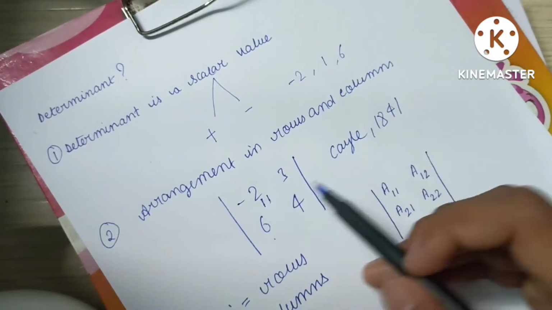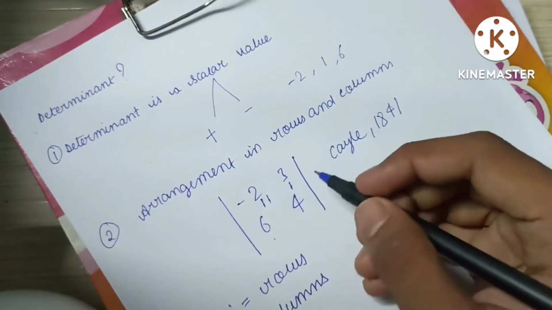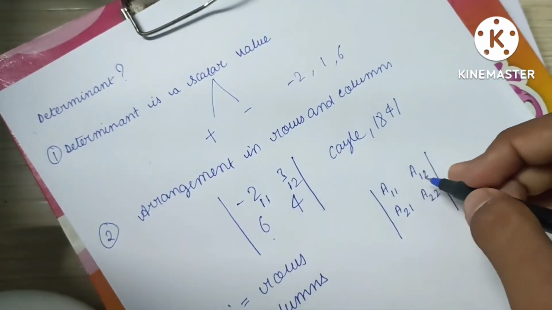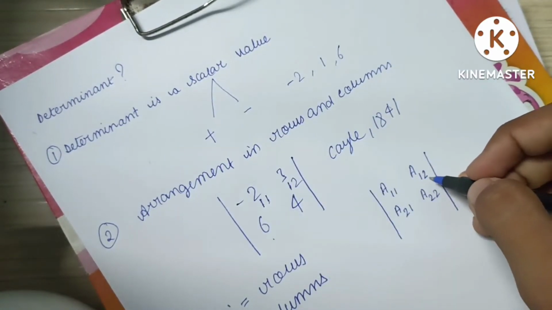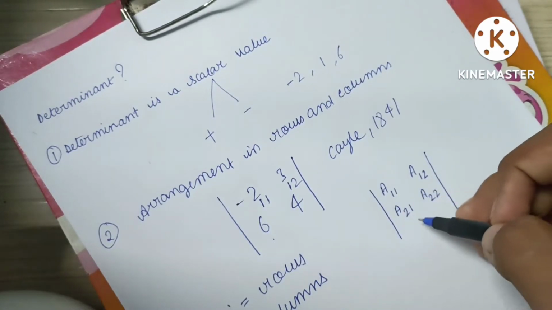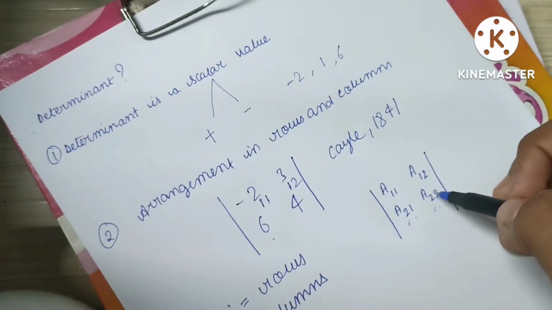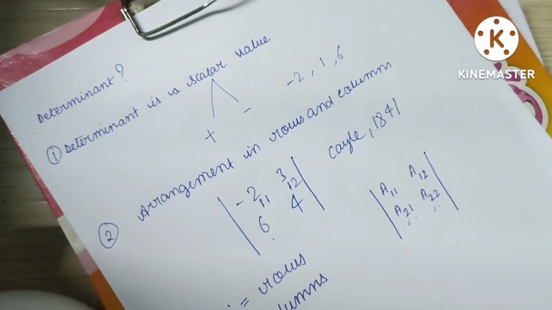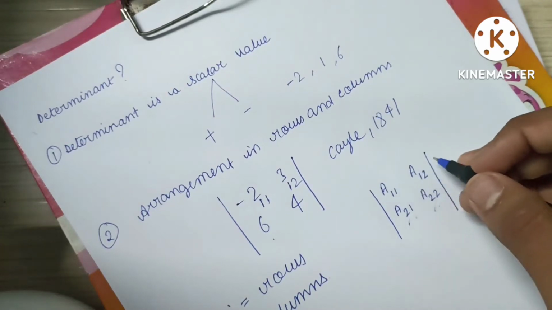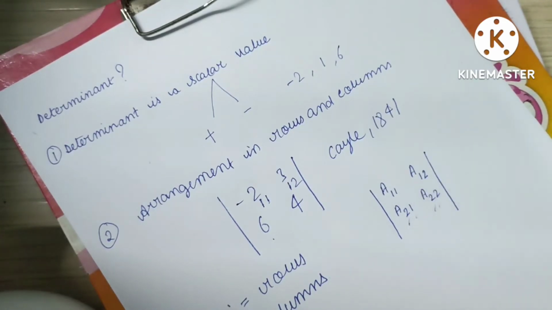Here 3 is in the first row and second column. This is the reason why I have written 1 and 2. The other things you can understand: why I have written 2,1. This represents the second row, and this represents the column, first column and second column here. This is not necessary, we can write other variables also; I have written a here.